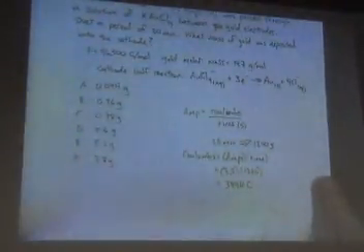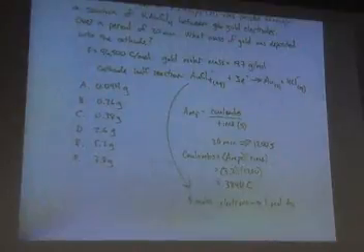Based on this equation here, 3 moles of electrons give 1 mole of gold.